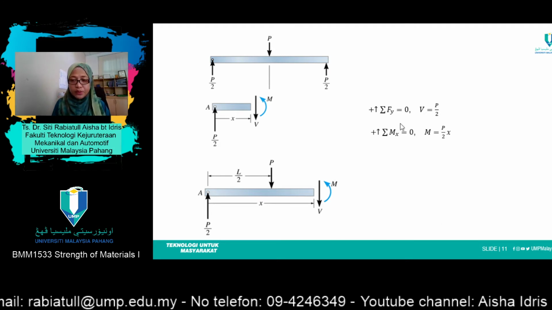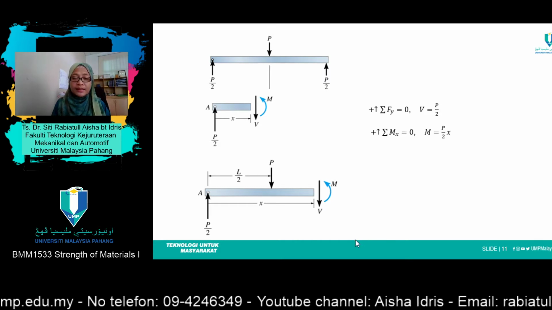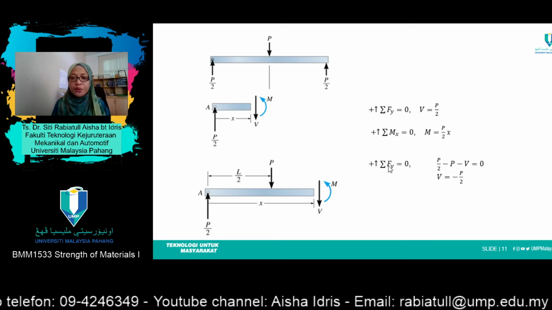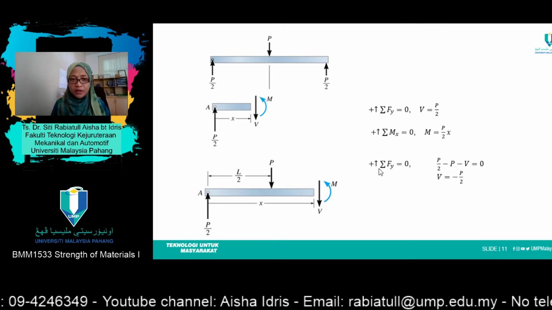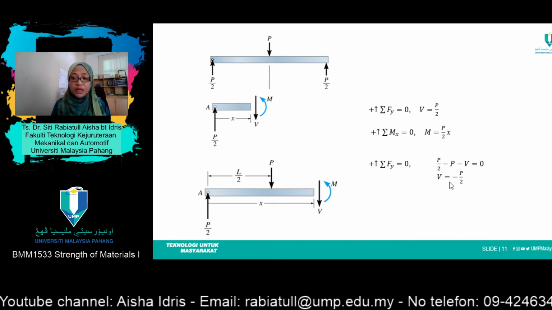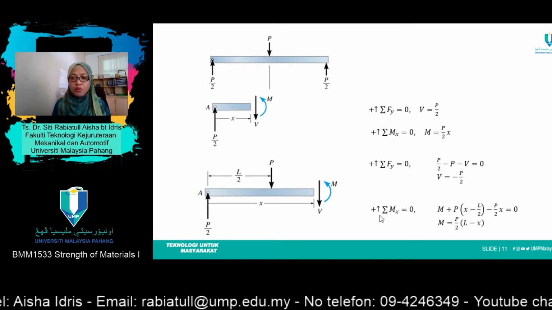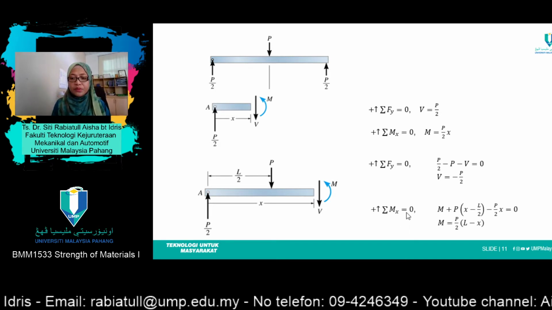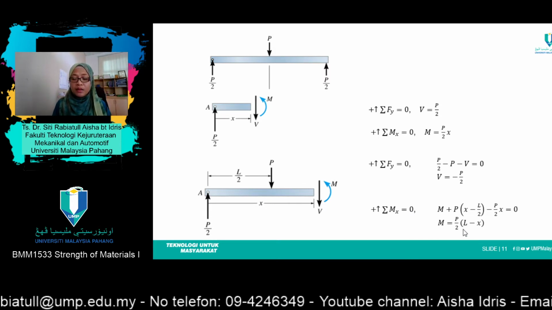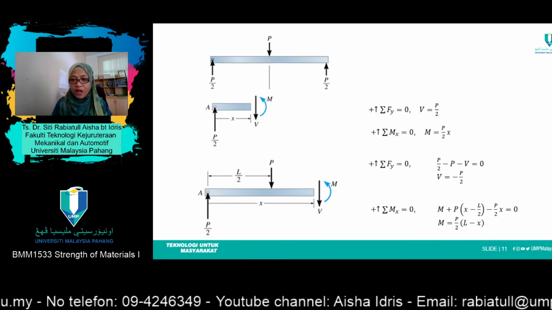The same steps: find the reaction forces in the y direction, as well as take a moment at point X. Taking total forces in the y direction equals 0, you'll get V equals negative P over 2. After that, for moment at point X equals 0, you'll get M equals P over 2 times L minus X.